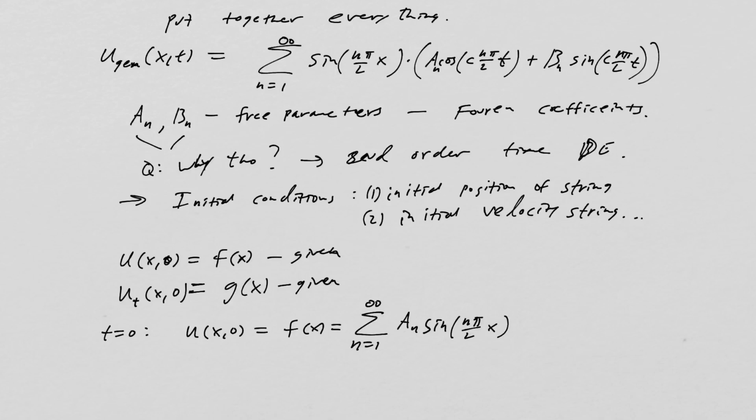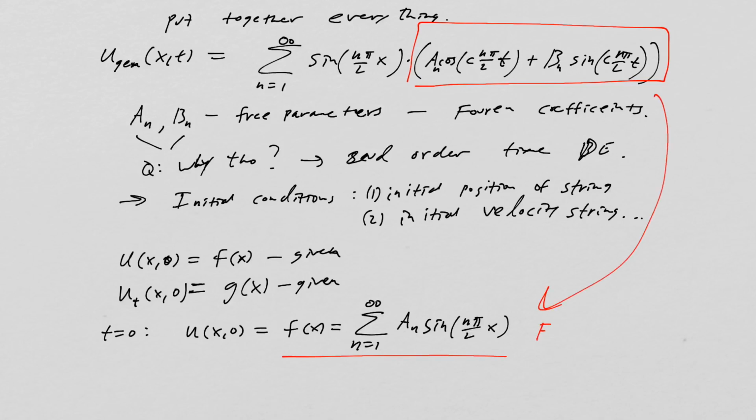Looking at our time equation, when we put t equals 0 in, the sine term goes away completely and the cosine term goes to just an. So we end up with a Fourier sine series for f of x. That's really cool.